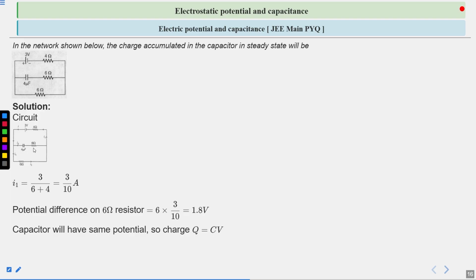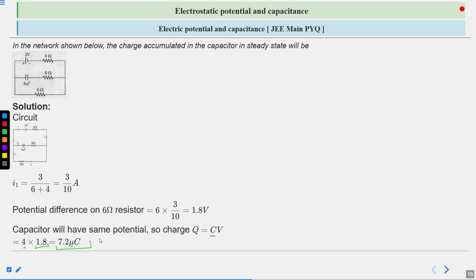So charge Q equals CV. The capacitance is 4 microfarad and 1.8 volt is the potential difference across it, so the charge will be 7.2 microcoulomb. Since the 4 is microfarad, that's why it is microcoulomb. Okay, got it?